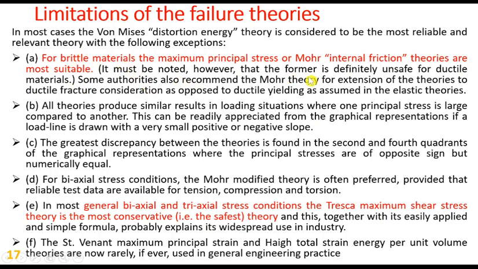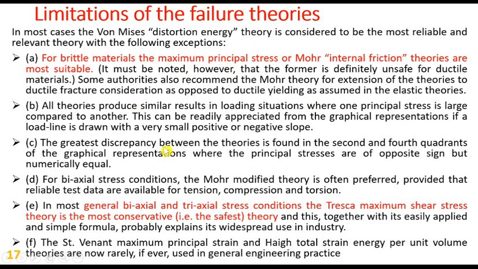It must be noted, however, that the former is definitely unsafe for ductile material, especially this principal stress. Some authorities also recommend the Mohr theory for extension of the theories to ductile fracture consideration, as opposed to ductile yielding as assumed in the elastic theories.